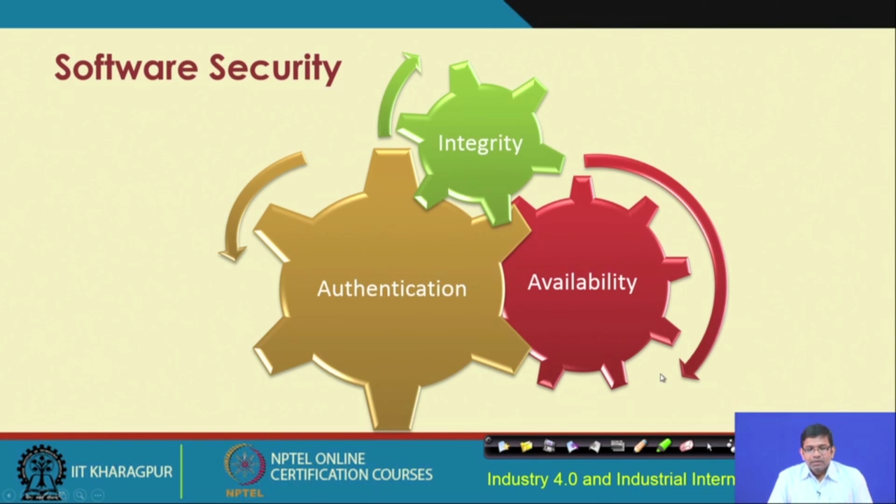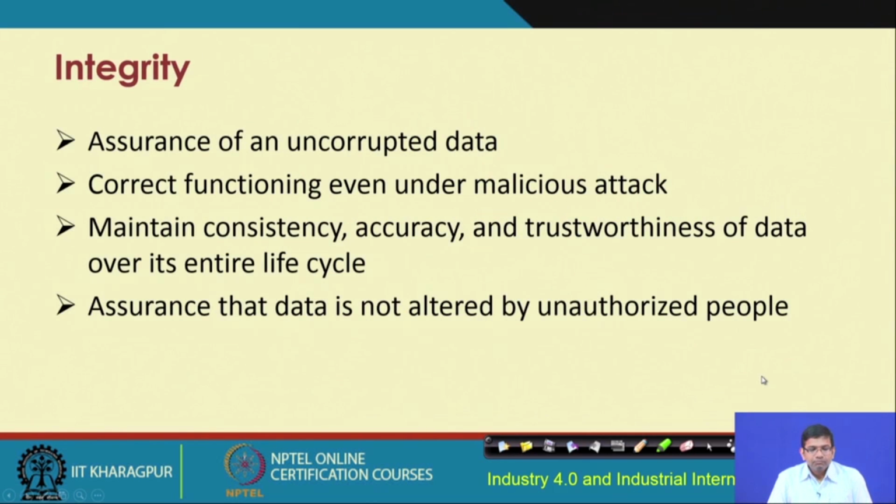Software security involves ensuring authentication, integrity and availability. In the lecture on security in IIoT, I discussed these different features in adequate detail. So, software security will have to ensure all these three features, authentication, integrity and availability, and their implementation. Integrity talks about assurance of uncorrupted data.